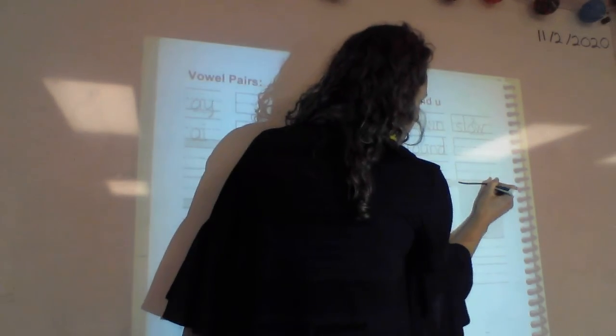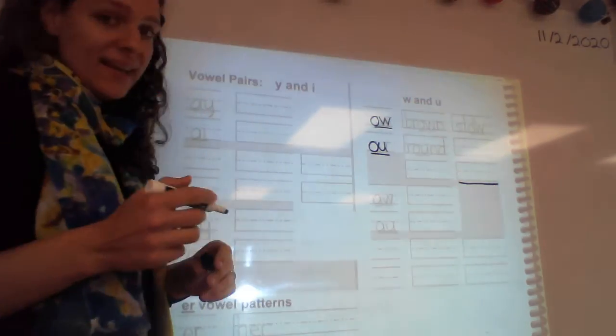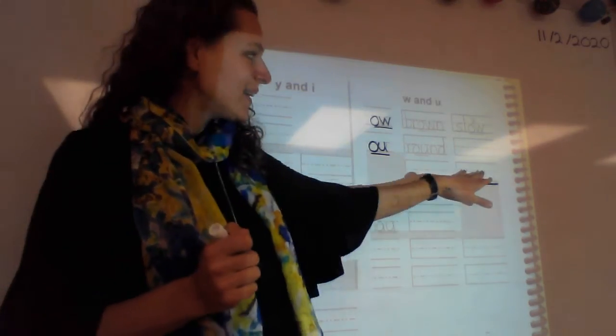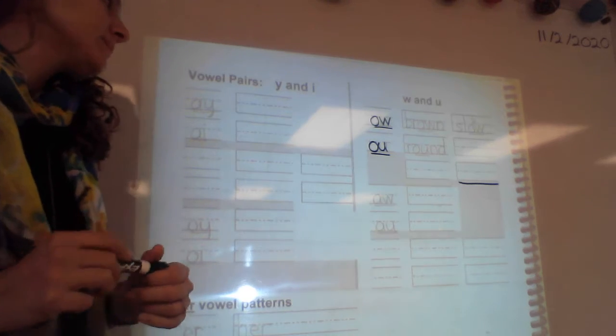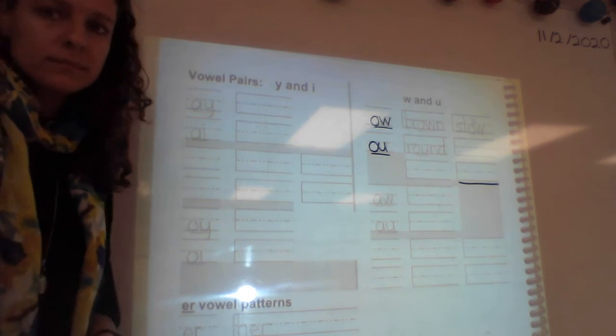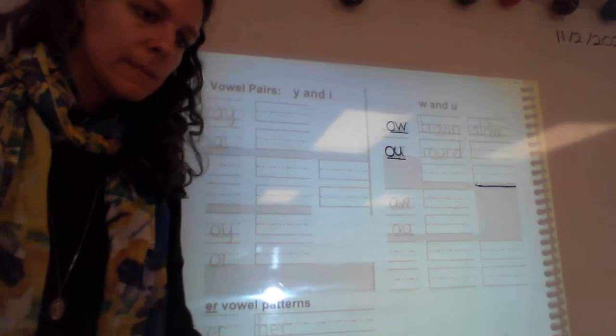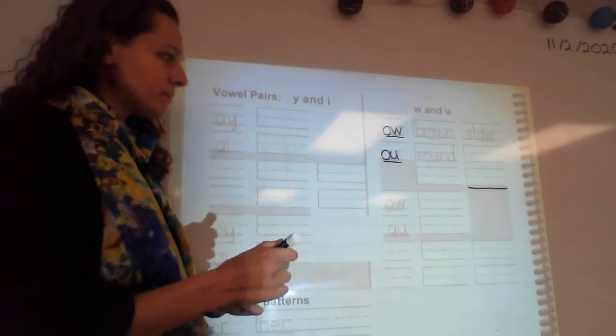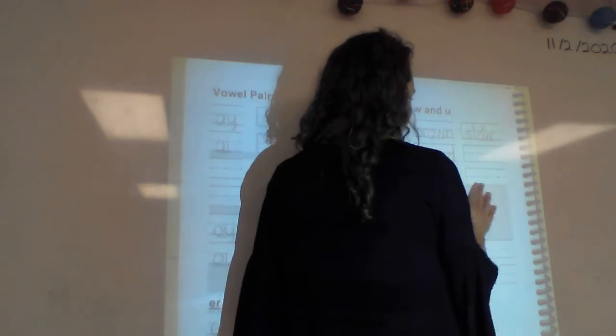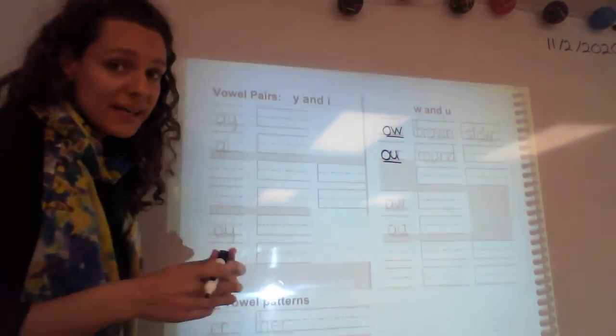We're going to come to this box right here, and we're going to write young. Say the sounds while you write them, and then do the markings. All right, class, what did you write to spell young?